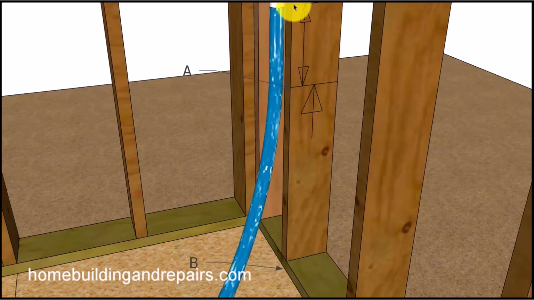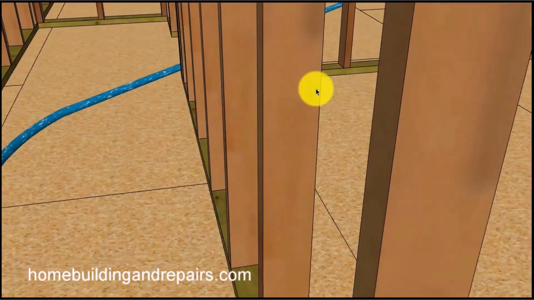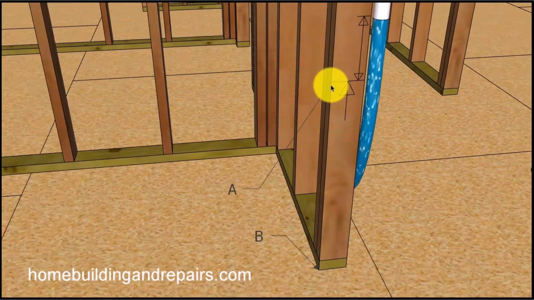You could just be measuring from here down to the floor, but sometimes that gets confusing, especially if you're going to be working on the project for a couple months. It's nice to have these measurements instead of a variety of different ones. It could get a little confusing. And then we simply go back to the other side and measure the distance here and then subtract it, and that will give us our difference.